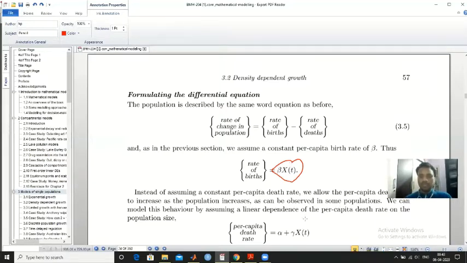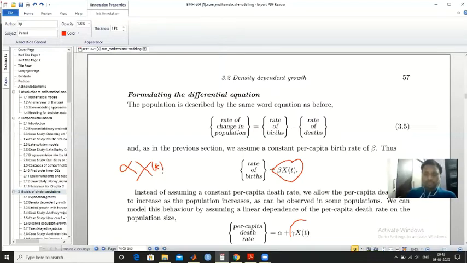The death rate was alpha x(t). This was the effective death rate. That's right, alpha x(t). So now what will be the scenario in this case?